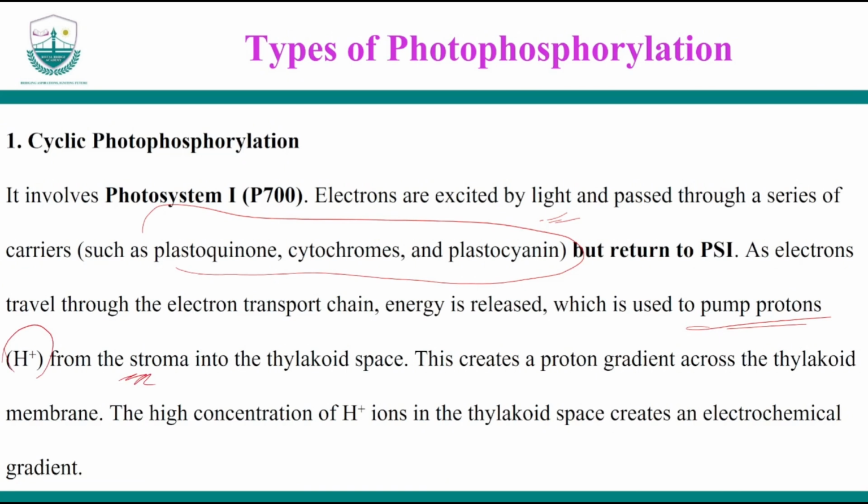That proton pump mechanism creates a proton gradient across the thylakoid membrane, and this high concentration of hydrogen ions, remember the hydrogen ions or the protons basically are being pumped into the thylakoid space.